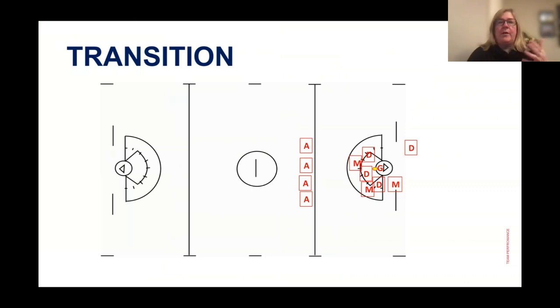Your goalie's got the ball now. And so if you look at this scenario, there's not a lot of space for the ball to go at this point. And so you put the ball in danger as you're transitioning from your defensive position into your offensive position.